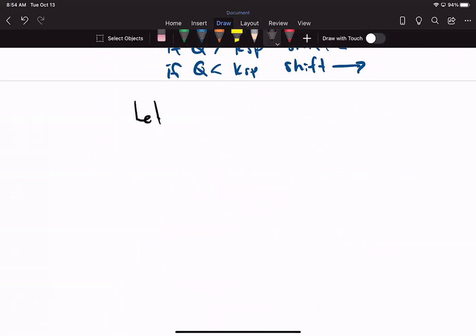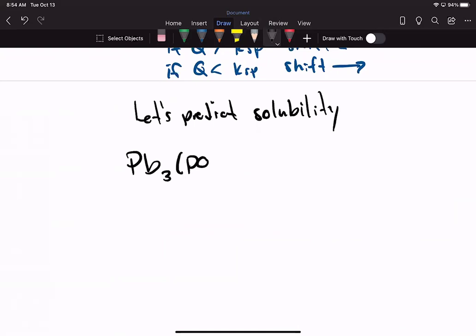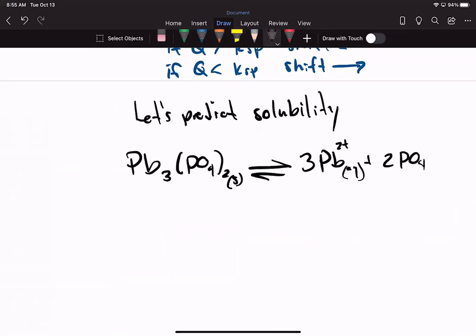All right, so let's predict some solubility. If I give you a compound, we'll say lead phosphate, solid. We're going to get 3 lead 2 aqueous plus 2 phosphates aqueous.